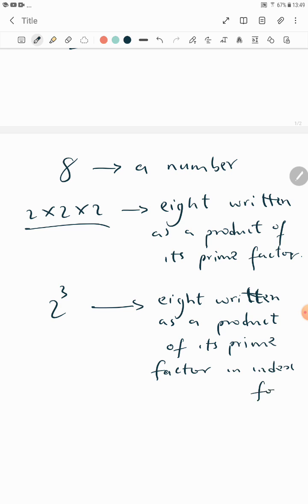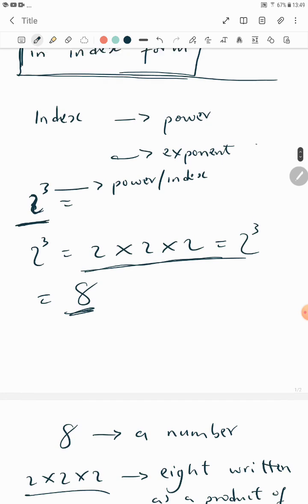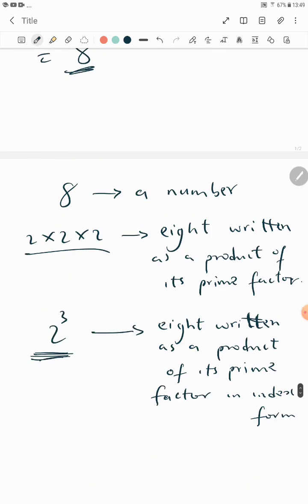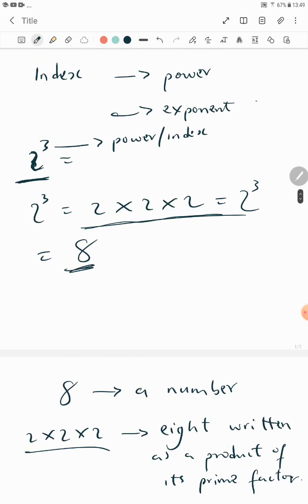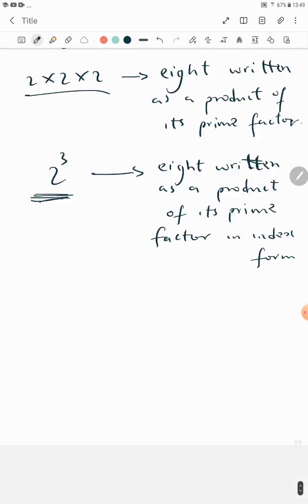This is the index form, such that we would not have to write 2 in 3 places. We can simply write 2 raised to the power of 3, and that is what we want to do as a follow-up to the previous class. So when you have a number that appears more than once, you can simply write it in index form, so that you wouldn't have to take much space.